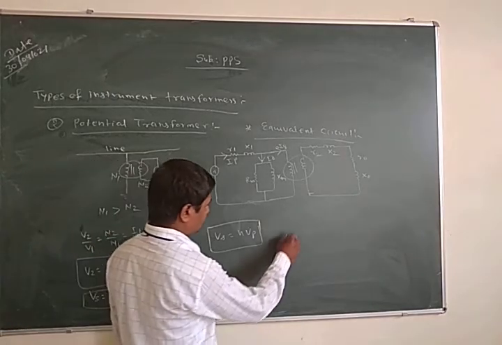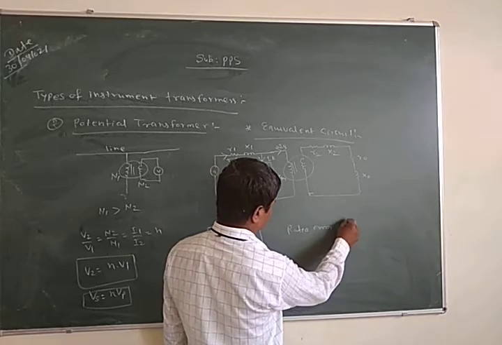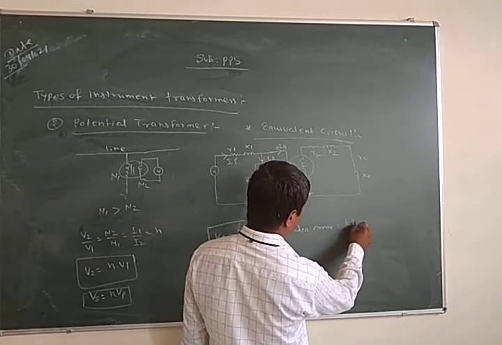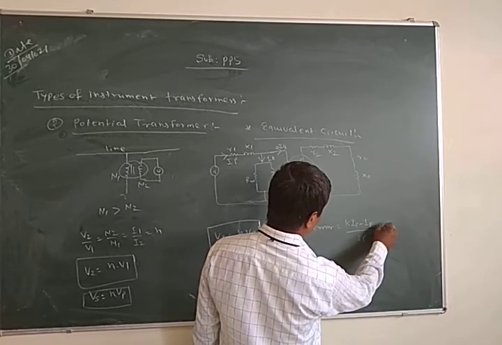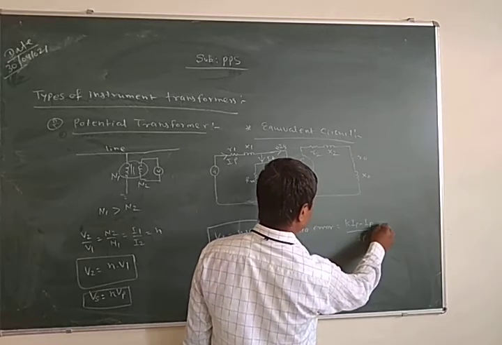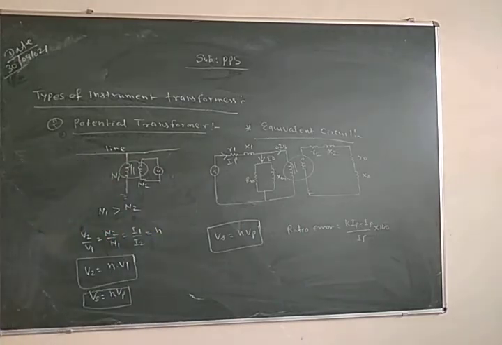Ratio error is K Ip minus Is upon Ip into 100. If we want it in percentage, then we multiply this with 100.